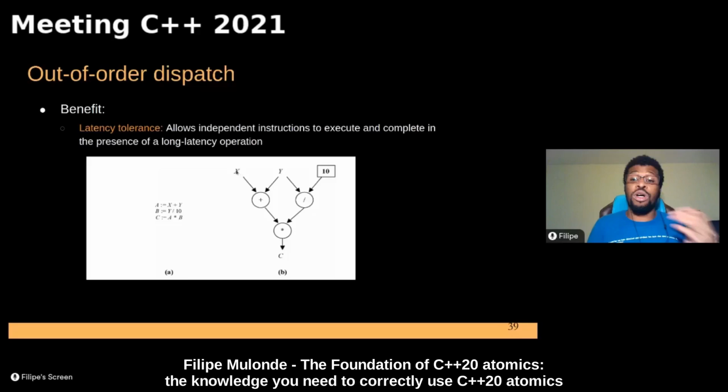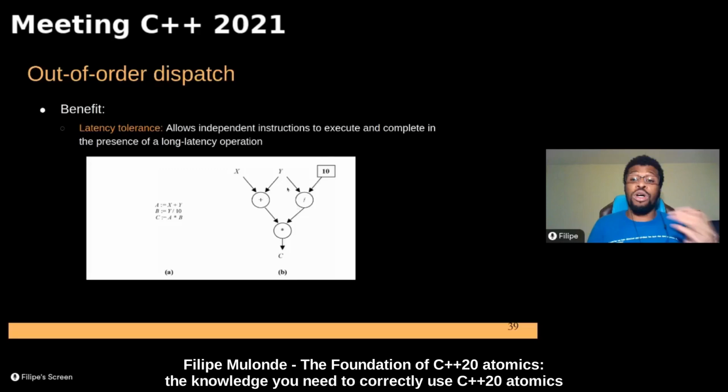Now let's see. First we transform these instructions into nodes. For example, here we have the addition node that depends on two operands, x and y, and to be executed we need x and y to be ready. And we have the division node that depends on y and a constant 10 in order to execute.